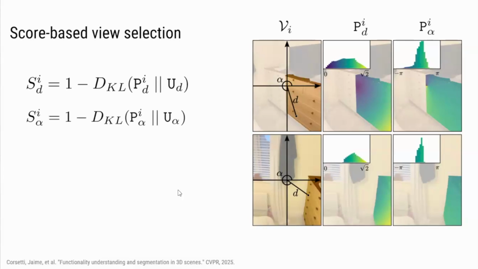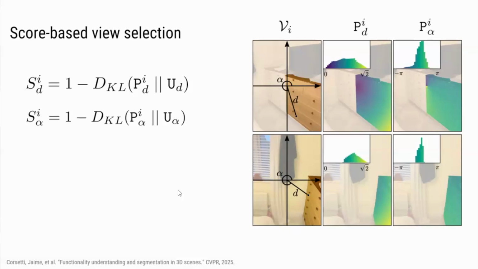The idea is that if an object is very well visible, then both distributions will be close to the uniform, because if an object is well visible, it means that it is quite centered on the image, and it's well distributed around the center.